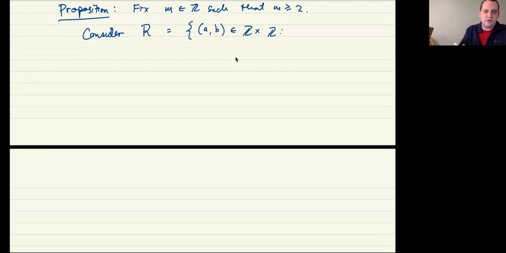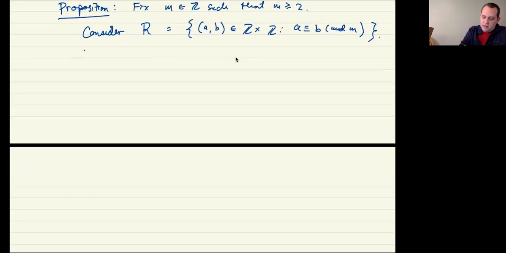And the two integers are going to be related if they're congruent mod m. So A is related to B if and only if A is congruent to B mod m. And what I want to show is that R is an equivalence relation.